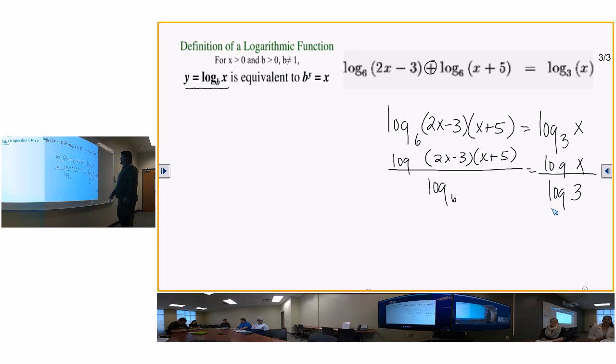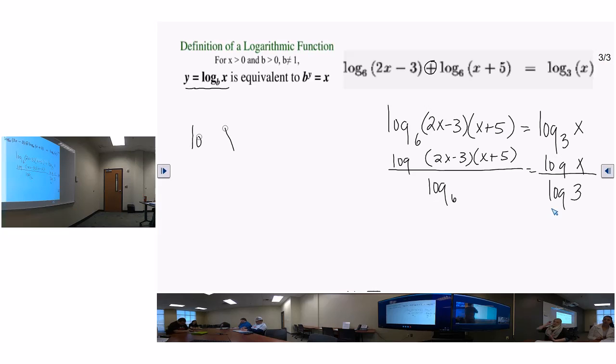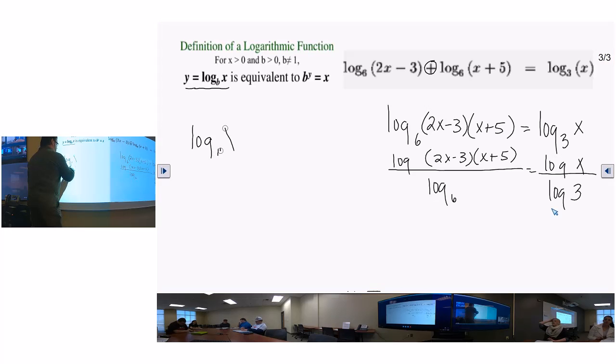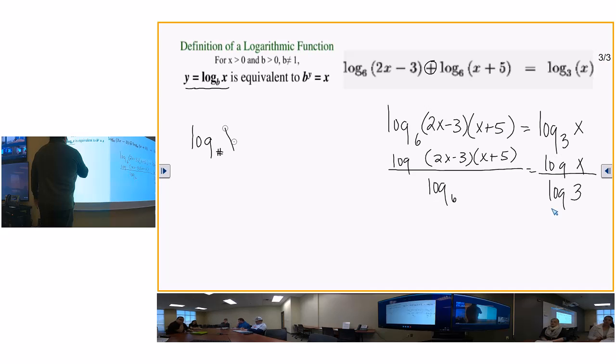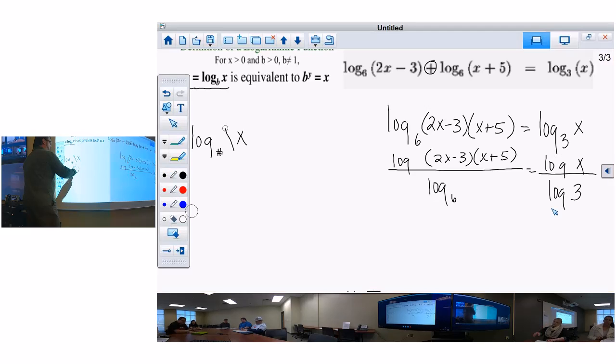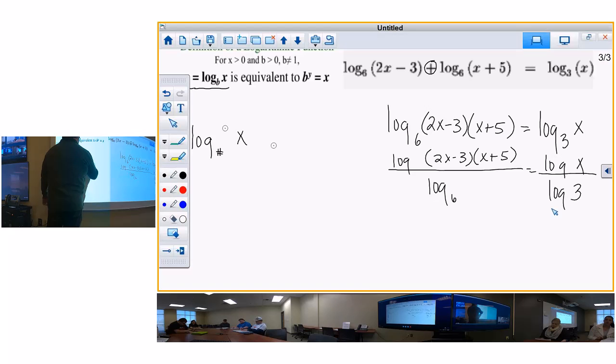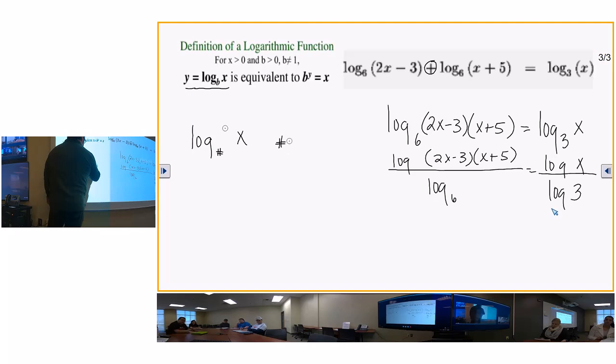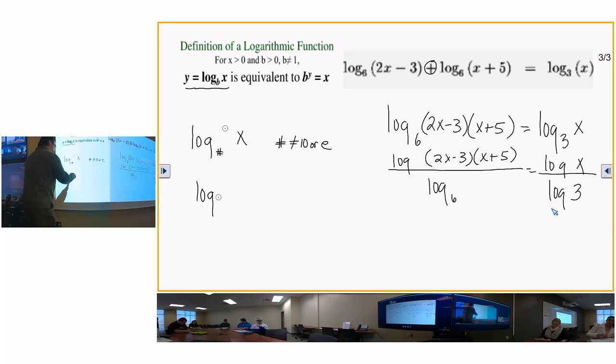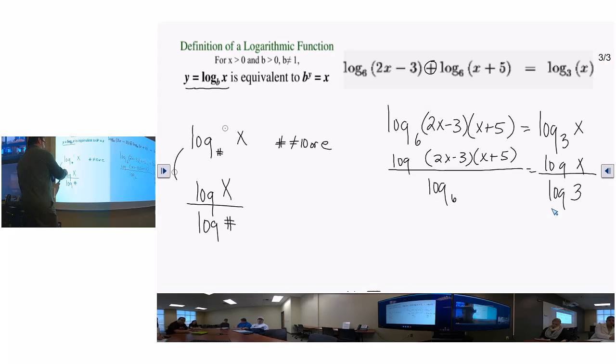That's using the change of base formula, which says if I have log of some number to a base, I can only take the log of a number with base 10 or base e, so I use the change of base formula, which says log base 10 of x over the log base 10 of that number. That's the change of base formula.